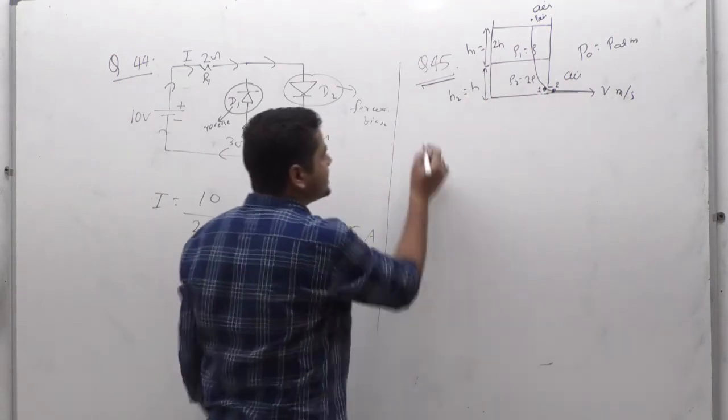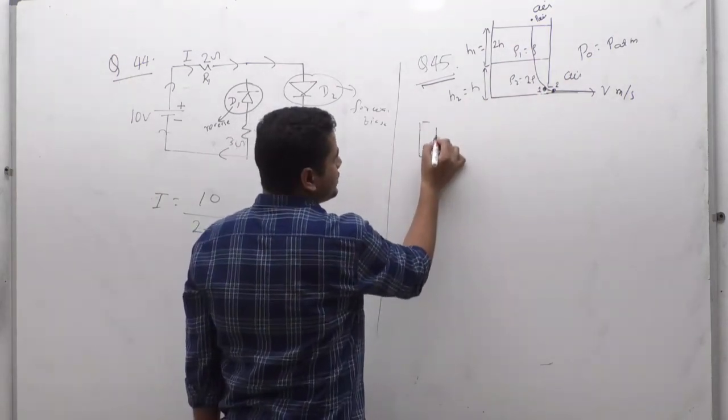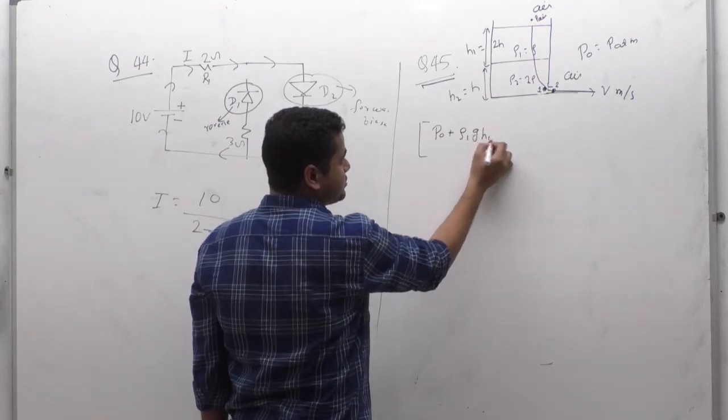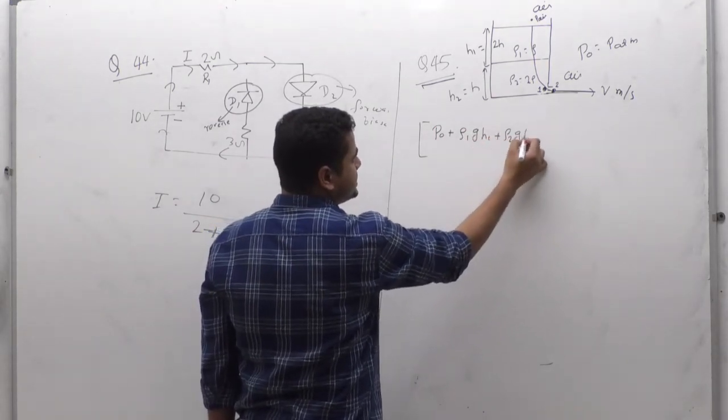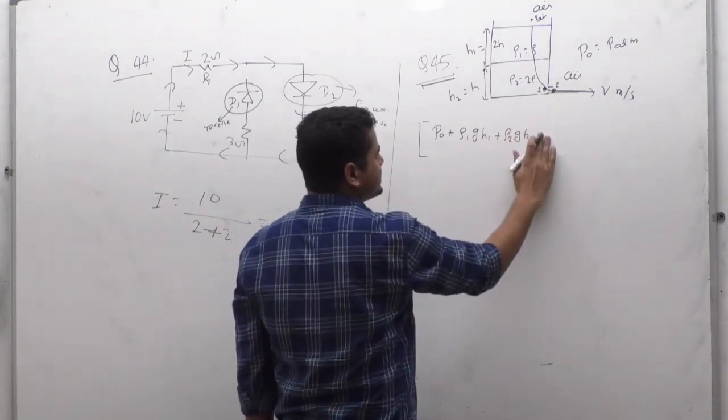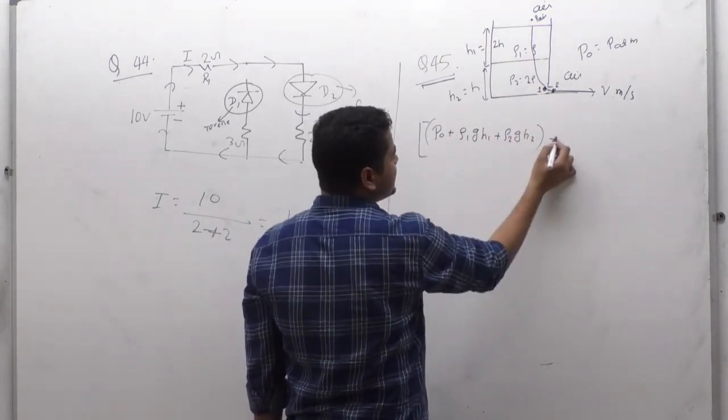So the pressure energy at point 1 is P naught plus rho 1 g H1 plus rho 2 g H2. This is pressure plus potential energy.